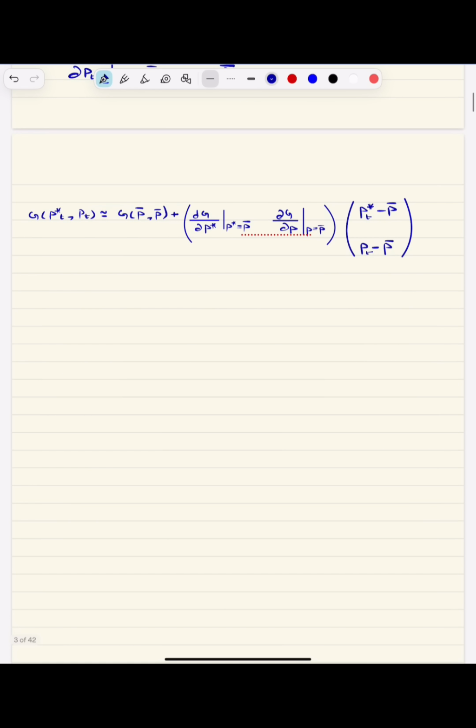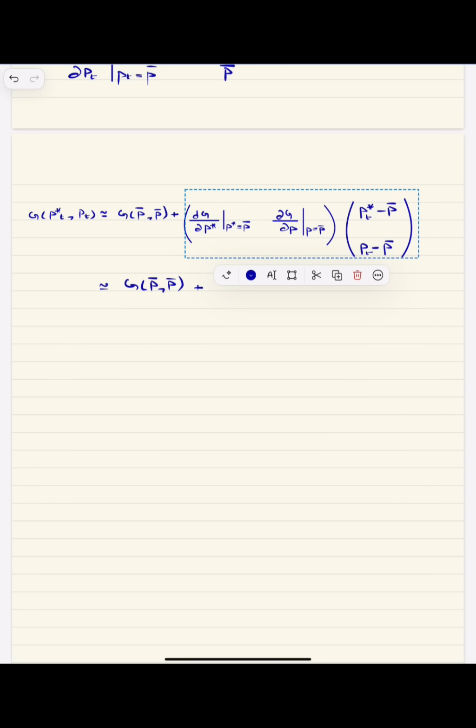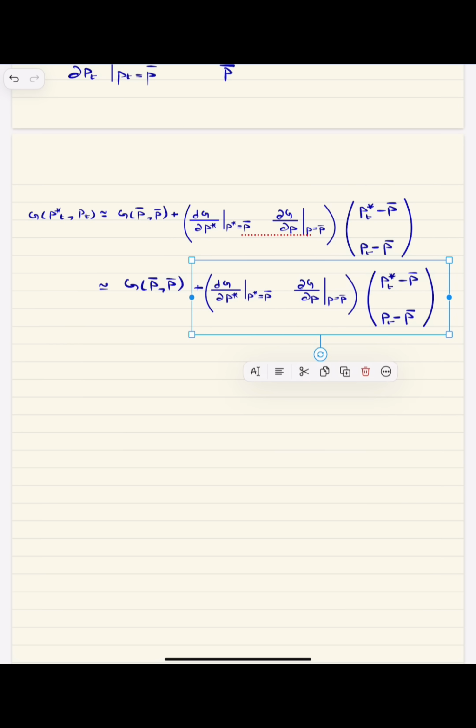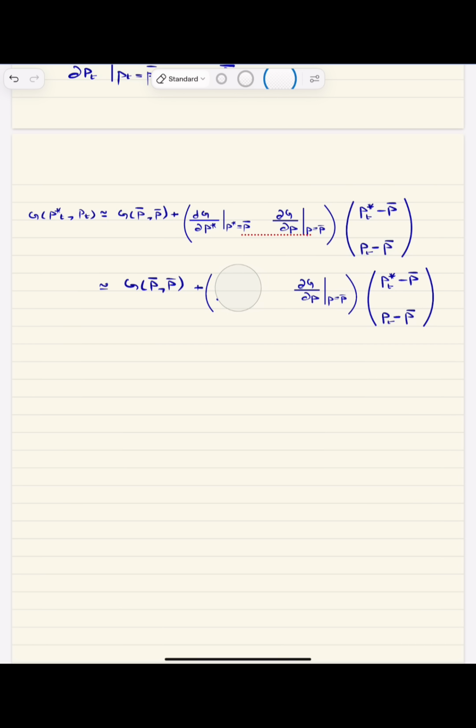So let's open this up. We'll have g of P bar, P bar plus, okay, what was this actually? Let's add another step. We've already calculated the partial derivatives: this was equal to 1 over P bar, and this is minus 1 over P bar.